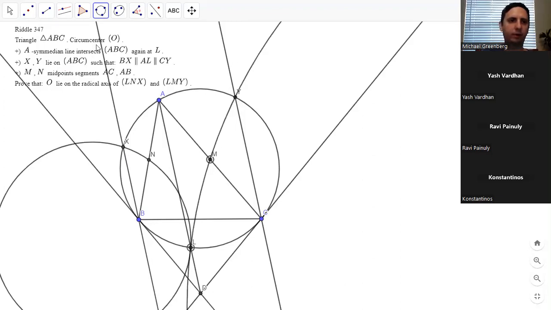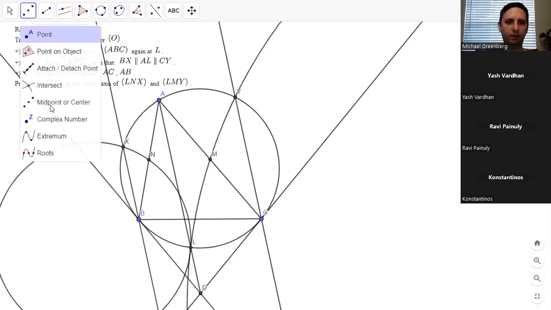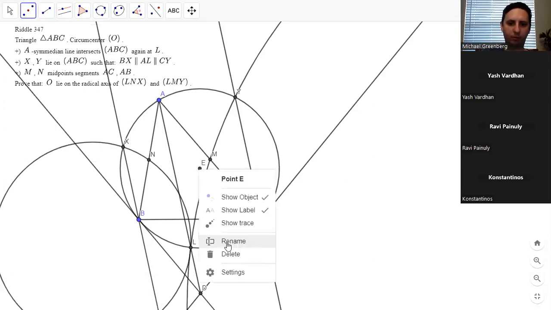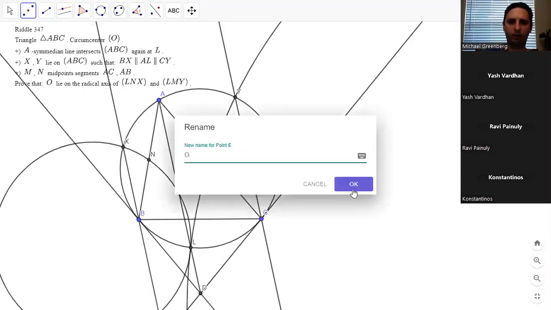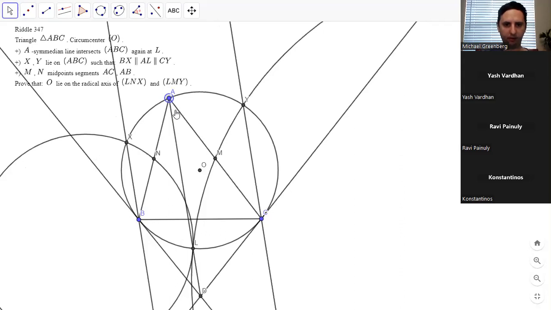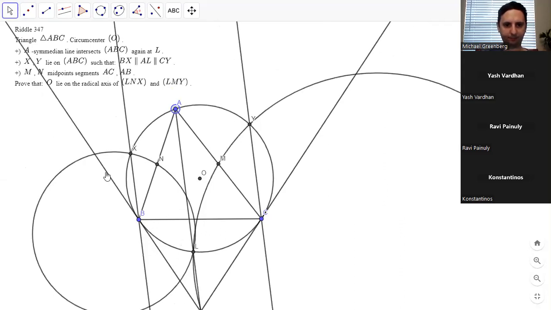So yeah, we want to show that the center of this circle has the same power with respect to both. So yeah, I don't even know if we really need to draw these two circles, because they're really big and a little bit clunky.